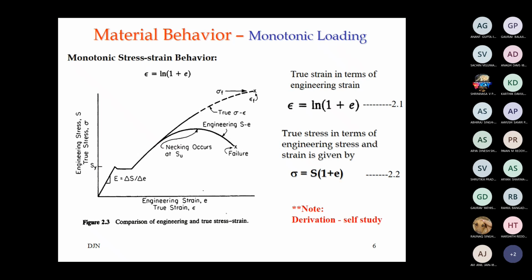Similarly, for strain we only consider the change in length with the original length. In reality, when we compare true strain and engineering strain, the original length remains the same. However, the rate of change is different.